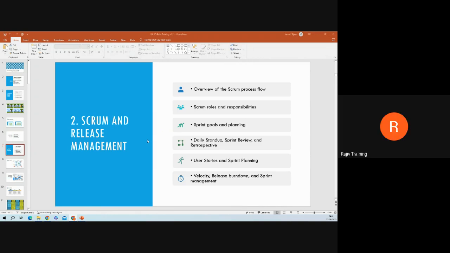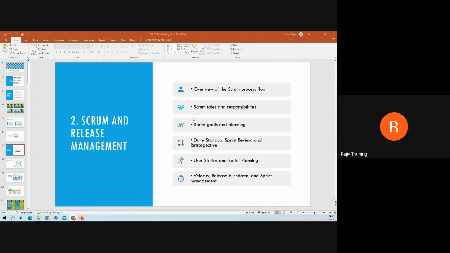And we'll understand sprint goals, planning, and there are various ceremonies like stand up, review, retrospective, planning. We'll try to understand each of those things, and by the end of this module, we'll learn about all of those concepts and maybe user stories and sprint planning and velocity, release, burn down, and sprints. There are a few things that we'll be learning.